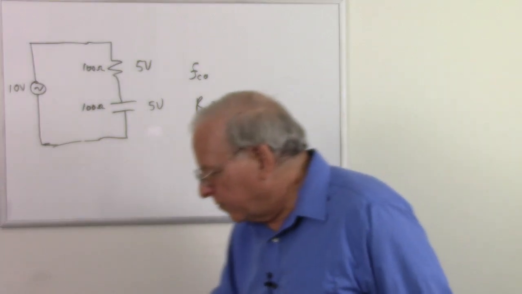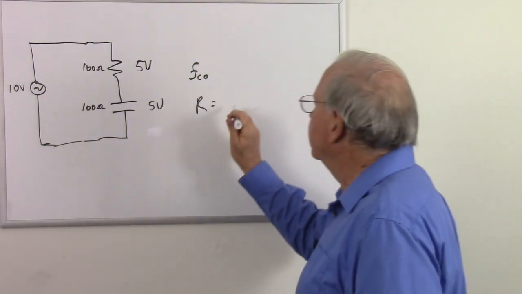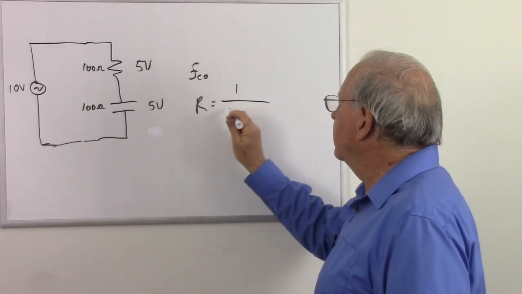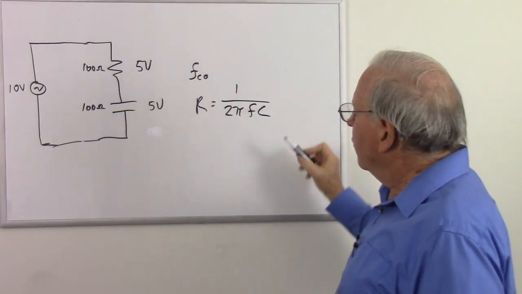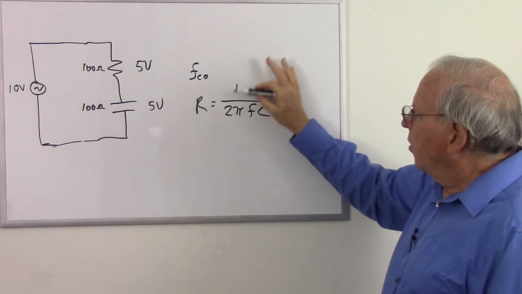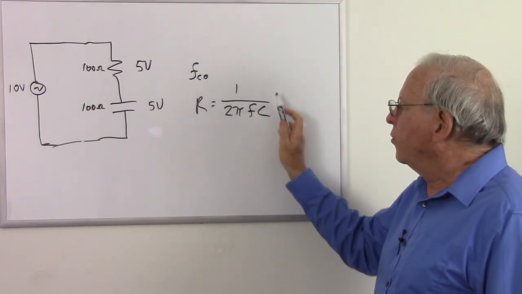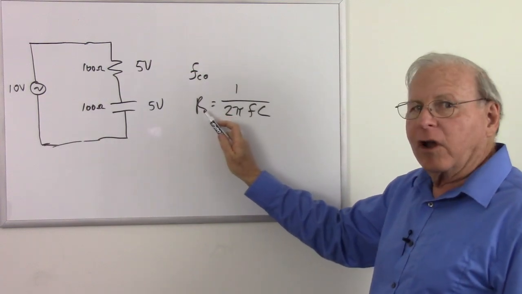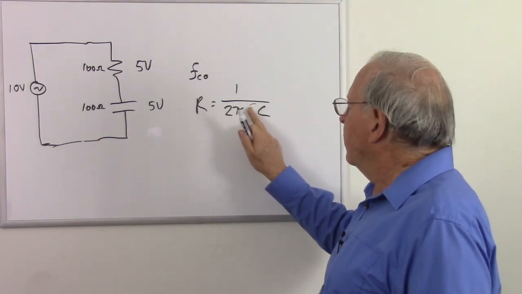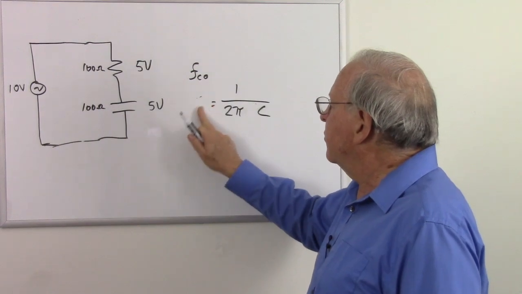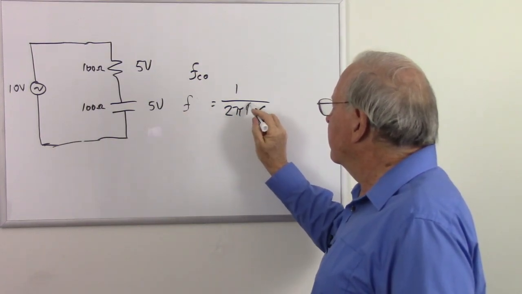And what is the formula for capacitive reactance? Capacitive reactance is 1 over 2 pi fC. So the cutoff frequency is where 1 over 2 pi fC equals our resistance. So we just do a little algebra trick. We can swap terms around like this, move our frequency over here, and put our resistance over there.